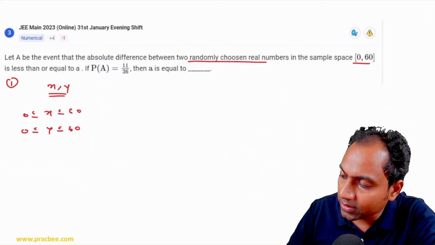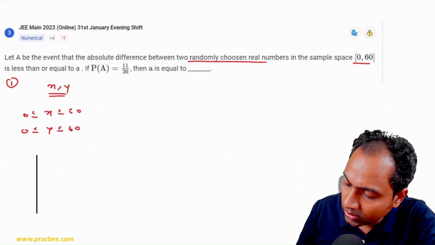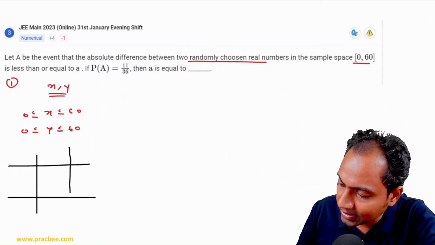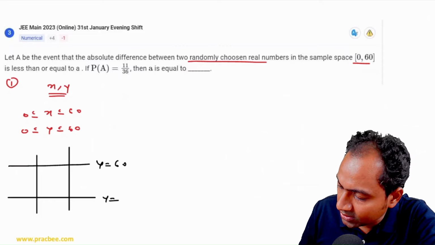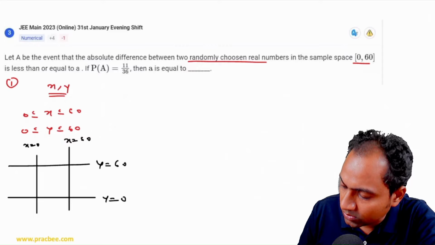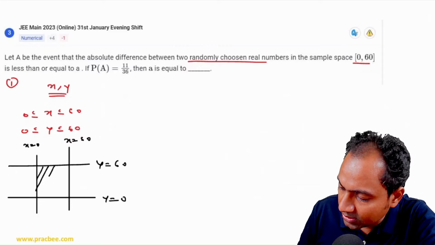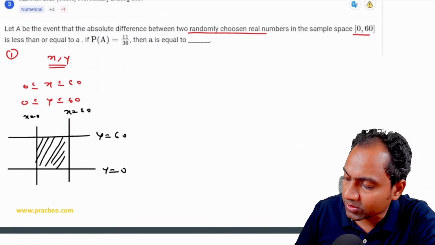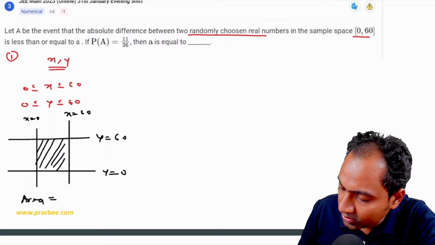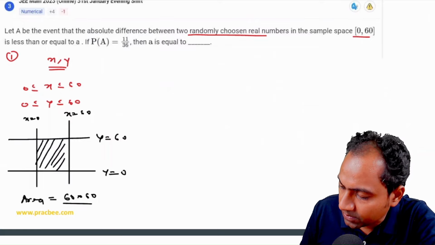So if I plot them on a graph, what I'm going to get is a sample space. So this is y equal to 60, this is y equal to 0, this line is x equal to 60, this is x equal to 0. So what we are talking about is this region that lies between them. So this is our sample space. So if I find the area of the sample space, the area comes out to be nothing but 60 into 60.